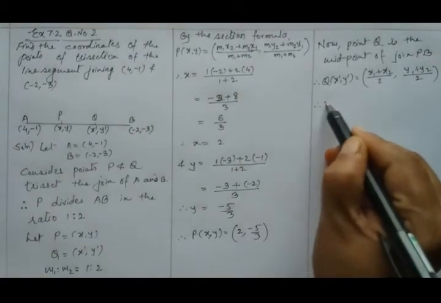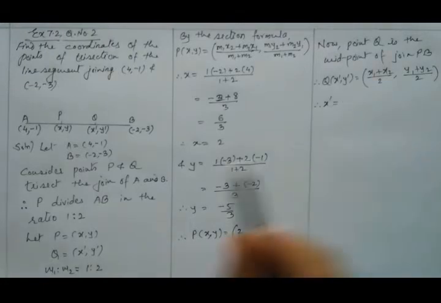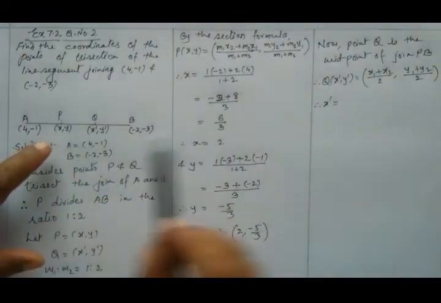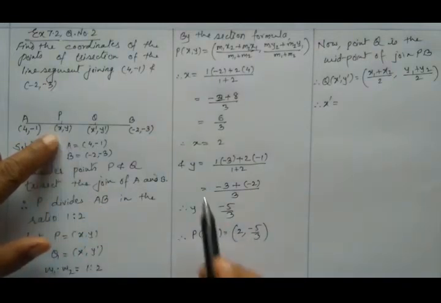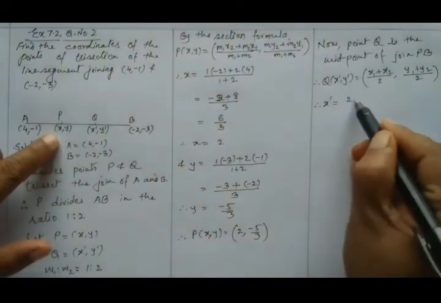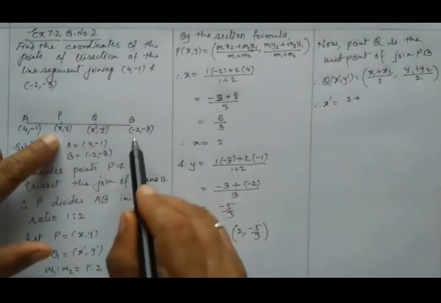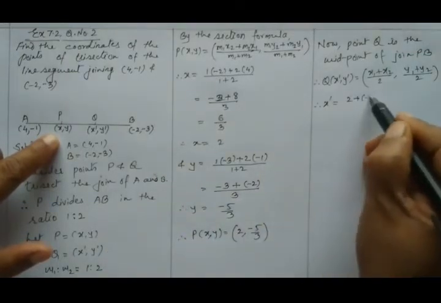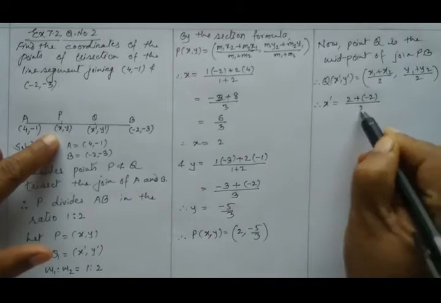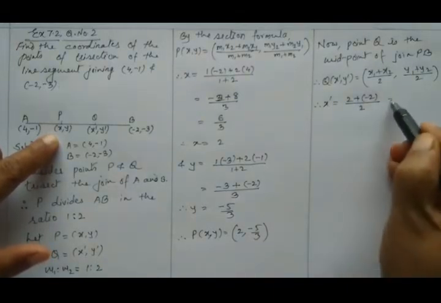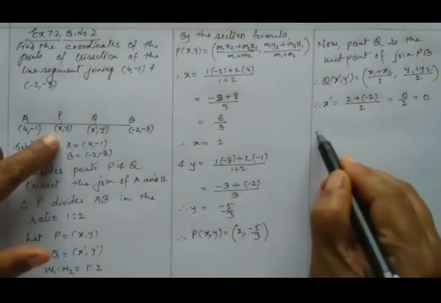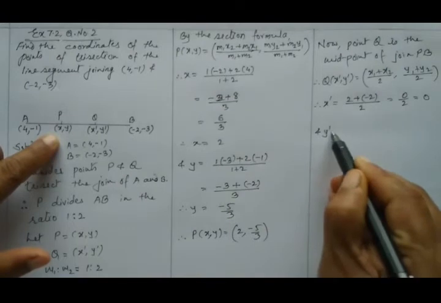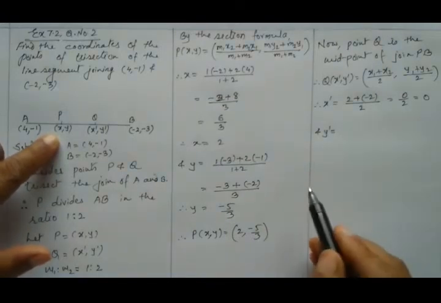So x dash, what is x1? x1 is the x coordinate of P, so 2, and this is x2, so -2 upon 2. Okay, so this is 0 by 2, and that is 0, and y dash is y1 plus y2.